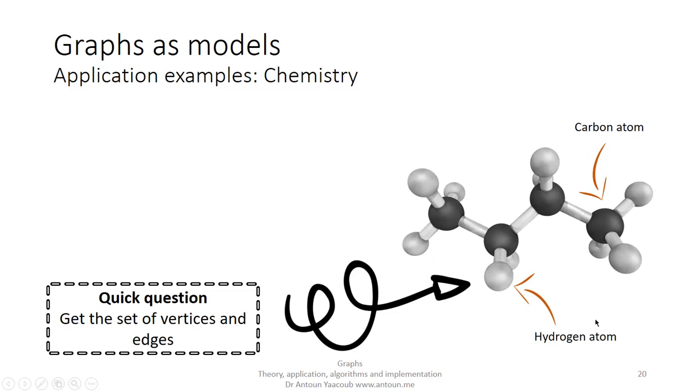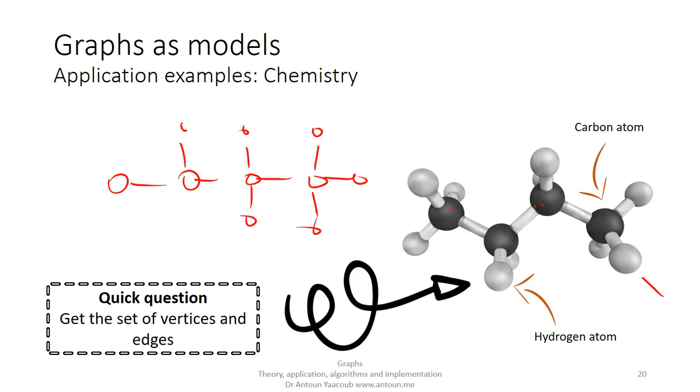If I want to draw this graph, I will see that I have four major carbon atoms. At the end I have three hydrogens, with a link between all of these. Each one of these has two atoms of hydrogen, and this one has three.